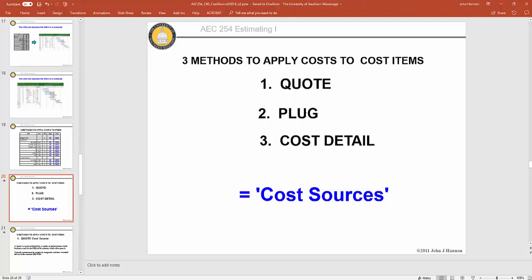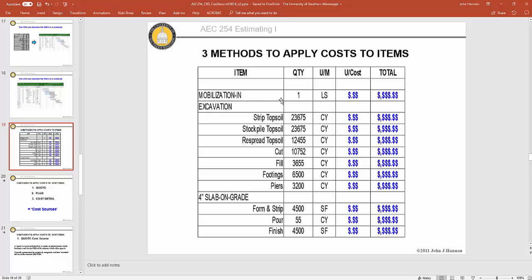If I know a superintendent that's been doing that work for 2 or 3 decades, that veteran of the industry can probably tell you its cost out of his head, and you can just take a number from someone's head and apply it to a cost item in the cost breakdown structure.